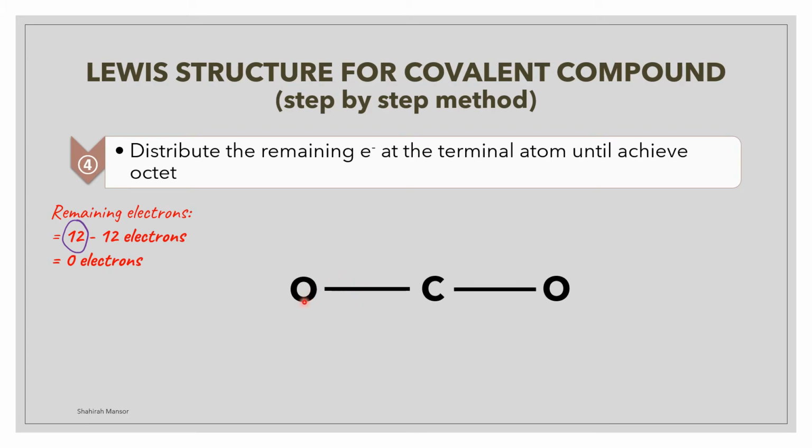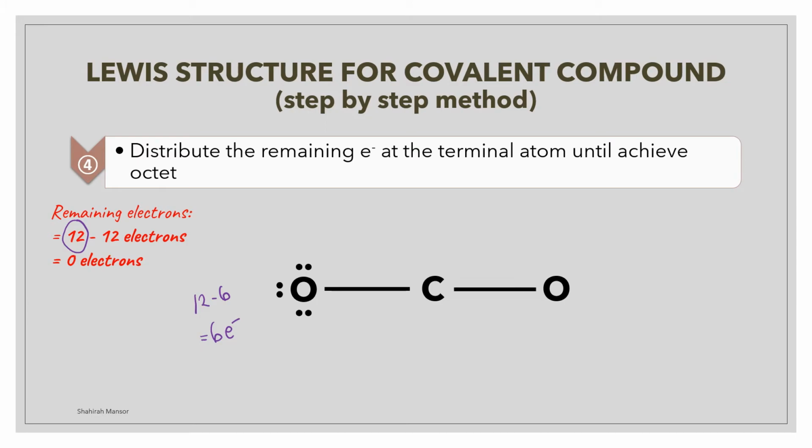So dari mana nak ambil 6 elektron itu? Kita akan ambil daripada these 12 remaining electrons. So by doing that, kita akan tambah sebanyak 6 dots on this oxygen. So from the calculation, 12 tolak 6 yang baru kita pakai sekarang ni. So kita akan masih ada baki sebanyak 6 electrons.